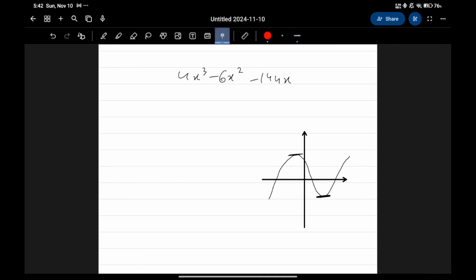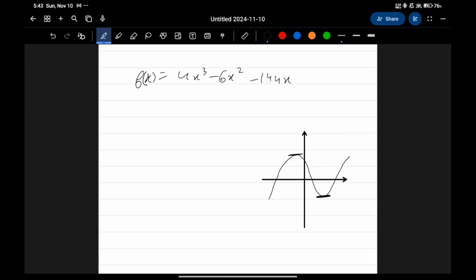What's the value of slope over here? Zero, right? And what does my first derivative tell me? The value of the slope, right? So that's why I'm going to differentiate it.